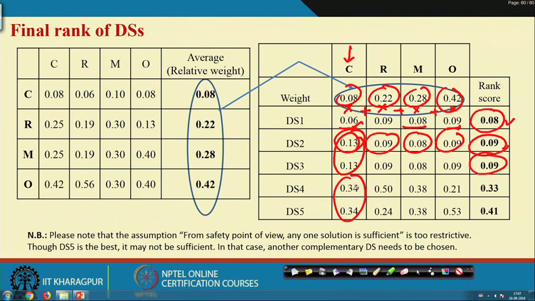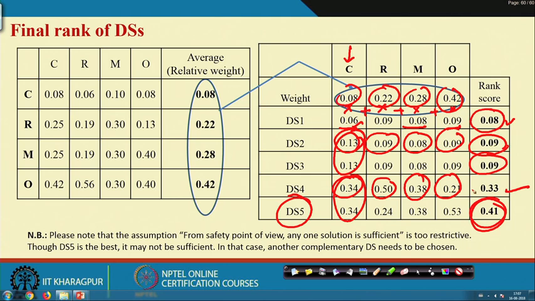And for DS4, it is 0.34 into 0.08, 0.22, 0.50, 0.28 into 0.38, 0.42 into 0.21, this is 0.33. In this manner DS5 is 0.41. So, which one is the best? DS5 is the best as per this calculation. So, this is what AHP, the analytic hierarchy process, is for finding the best design solution.